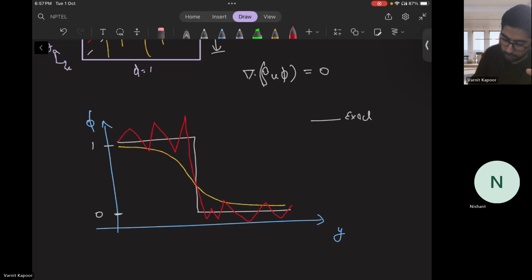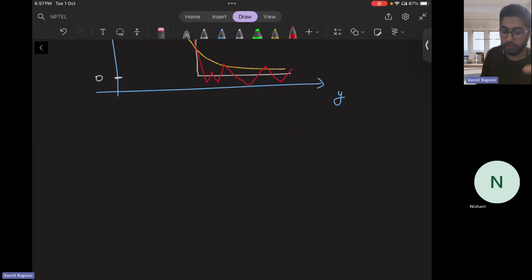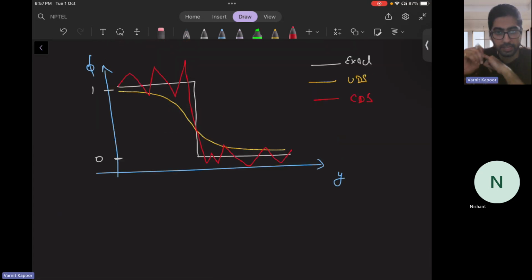So this will be your UDS, and this will be your CDS. This is the numerical diffusion happening. We have already discretized this and discussed it. So we have understood the upwind differencing scheme, the order of accuracy of CDS and UDS, and this example problem.